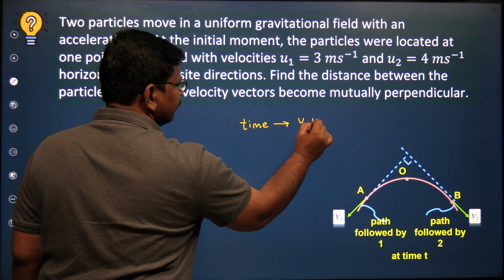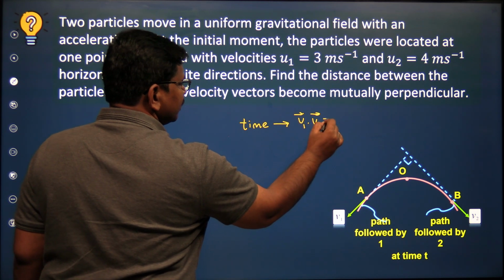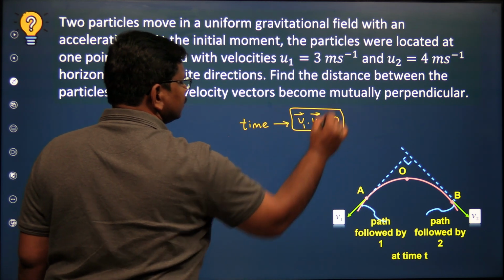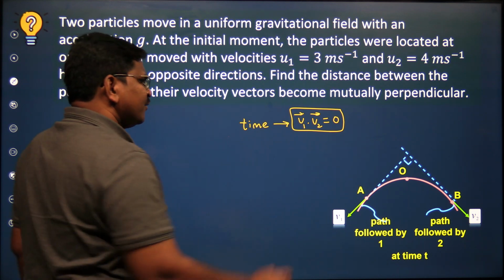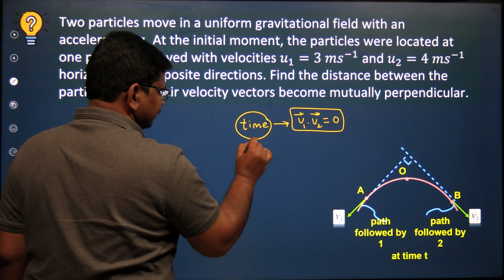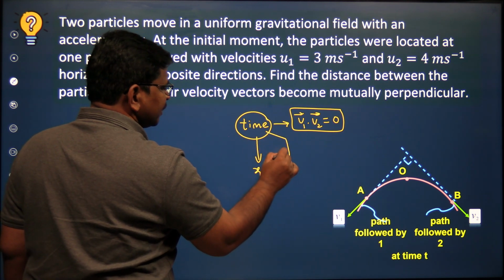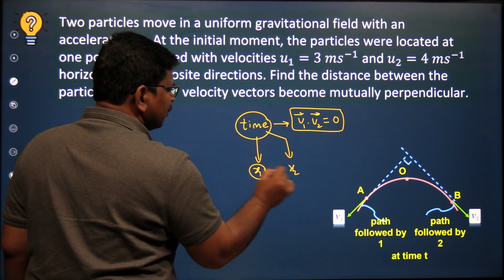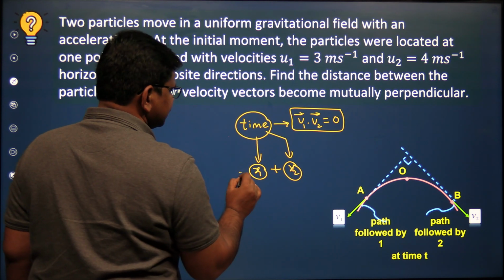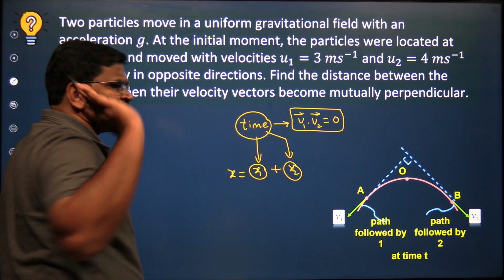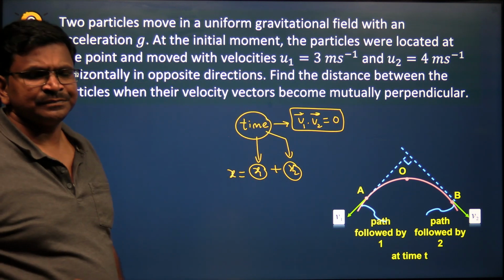So V1 dot V2 equal to 0. Find the time when their dot product becomes 0, and from that, after getting this time, find out x1 and x2. Then add both of them. That is your answer. That's it. So this is the solving strategy for this question.